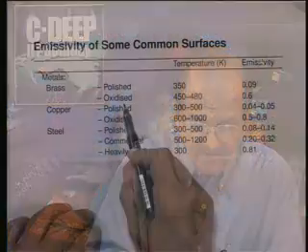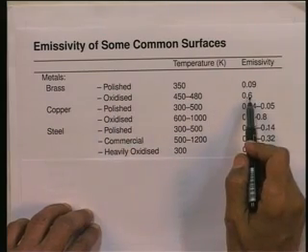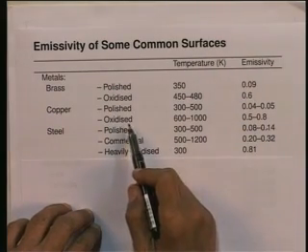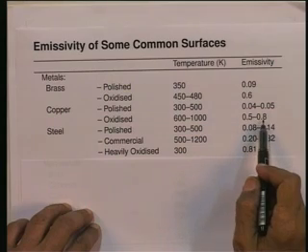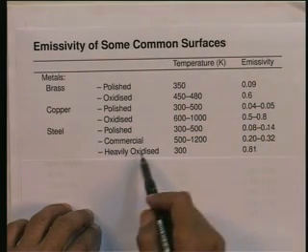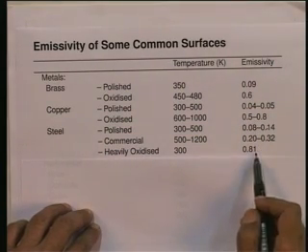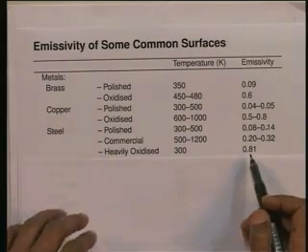Look at oxidized brass 0.6, oxidized copper 0.5 to 0.8, heavily oxidized steel 0.81. So, the moment I have an oxidized metallic surface, the value will usually be greater than 0.5, maybe 0.6, 0.7, 0.8, something like that. This is a rough thumb rule to remember.